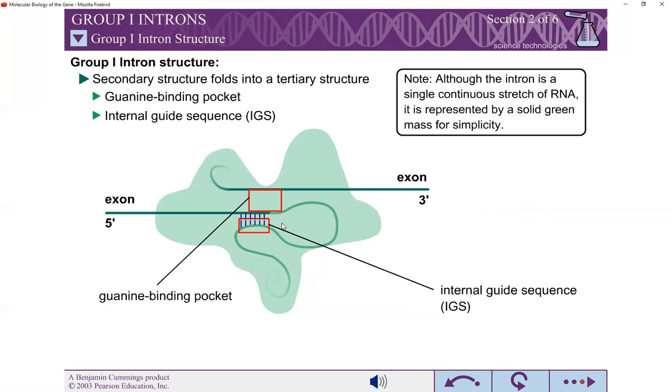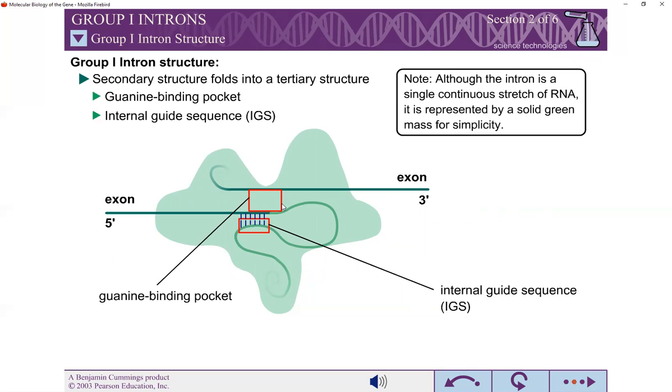Now see, group 1 introns differ from group 2 introns because group 2 introns have a branch point adenine present within their structure. Here there are no GUAG or AUAG conserved sequences.